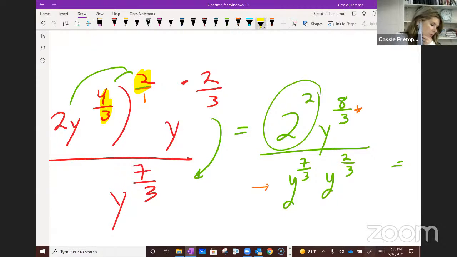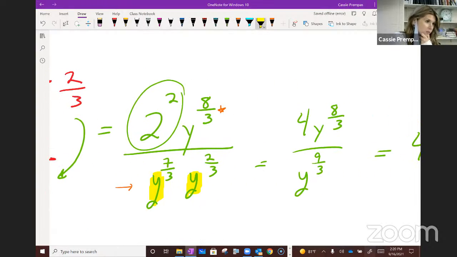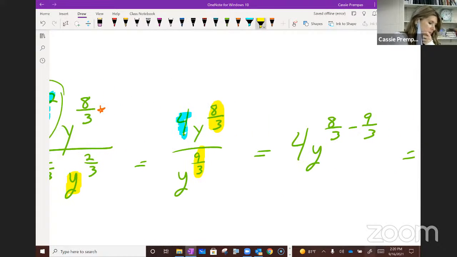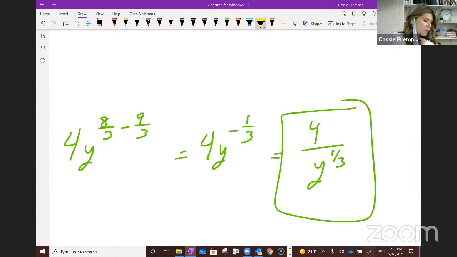When multiplying two numbers with the same base, what do you do with the exponents? Add them. Good. So this is going to create a y to the 9/3. 2 squared, I know what that value is. That turns into 4. And then finally, when I'm dividing two numbers with the same base, what do I do with those exponents? Subtract. So I'm going to have 8/3 minus 9/3. Yeah, so it'll turn to 4y to the negative 1/3. And then to make that final answer, we need to bring it down to the bottom to make that negative exponent positive.